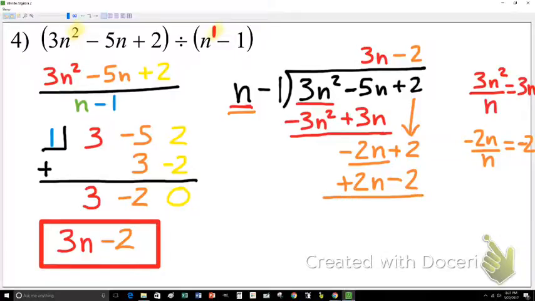So we add those things together, and what do we get? Well, negative 2n plus 2n, that's 0, and 2 plus a negative 2, that's 0 as well. Okay. And so we have our final answer. It matches what we got before. It's 3n minus 2.